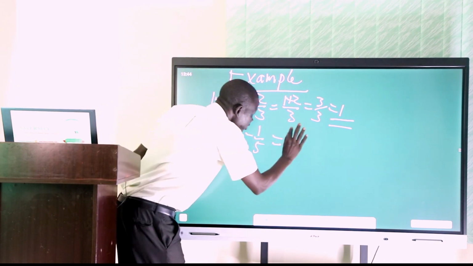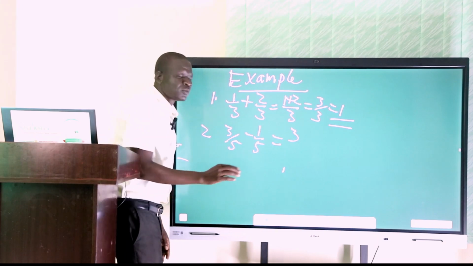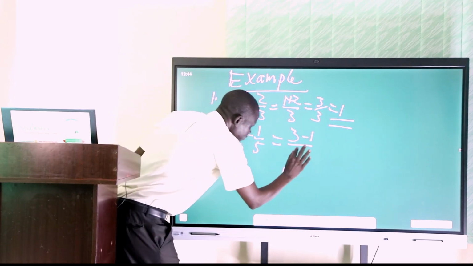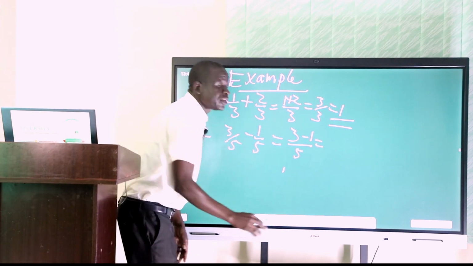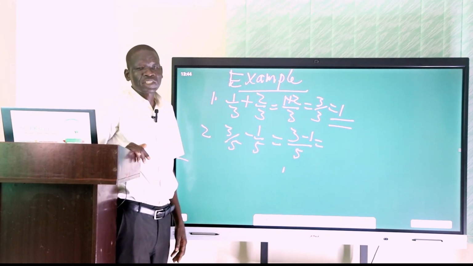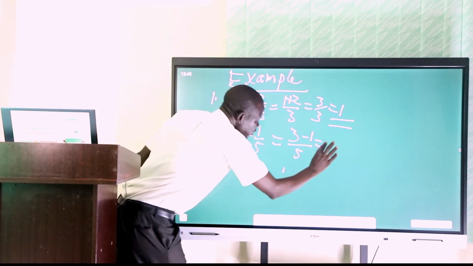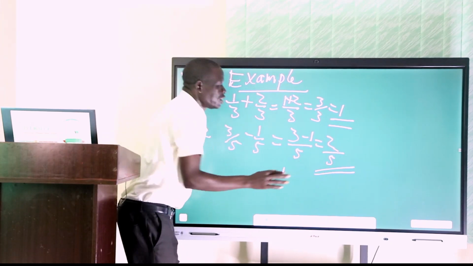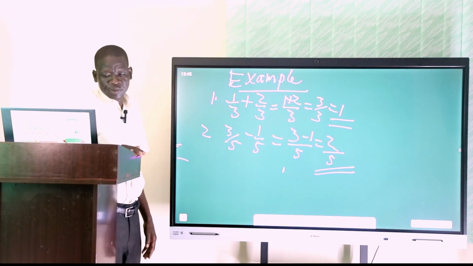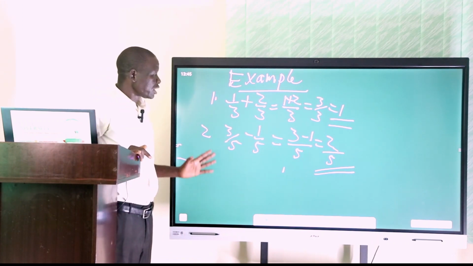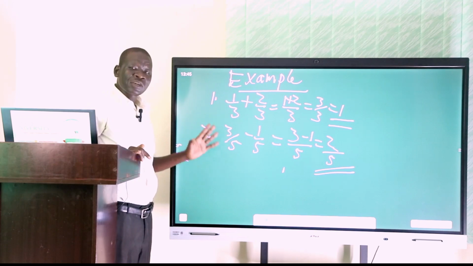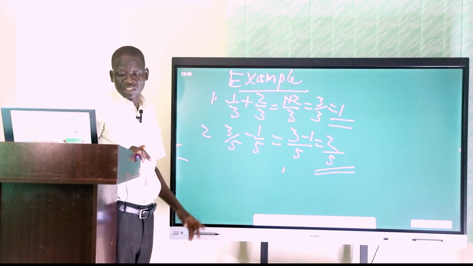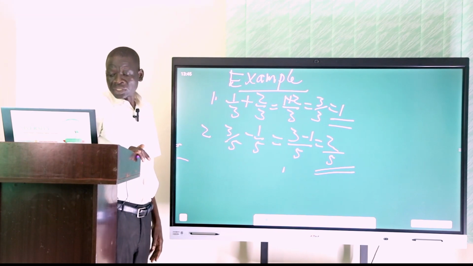So this gives us 3 minus 1 all over 5. And 3 minus 1 is 2, over 5. So 2/5 becomes the answer. Basically, that is how we add and subtract fractions if the denominators are the same.